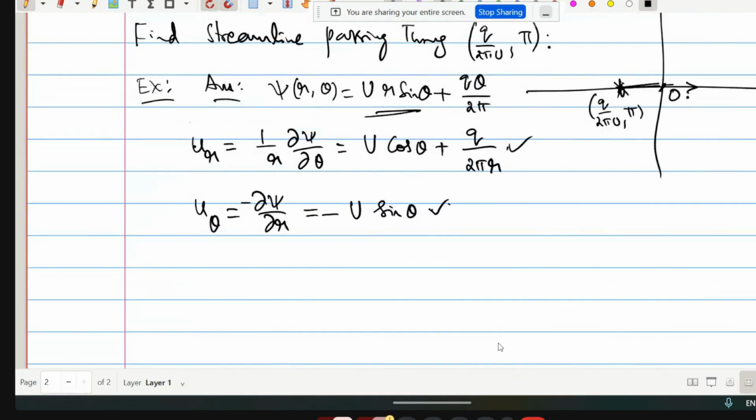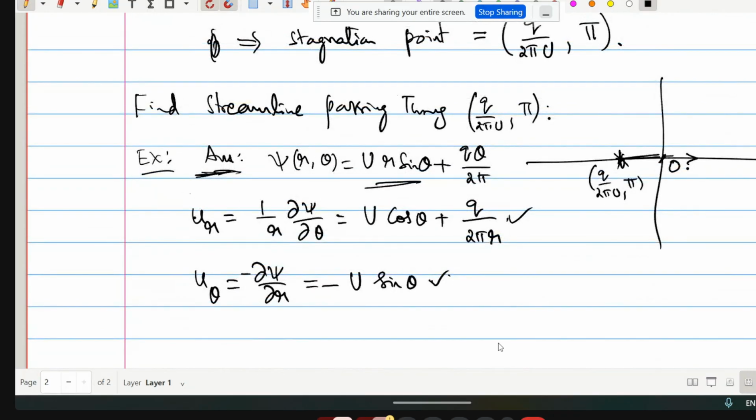To show this answer, you calculate whichever way you like. Just check dr by UR equal to r d theta by U theta, or just use the stream functions. These two equations you solve, you get your psi.